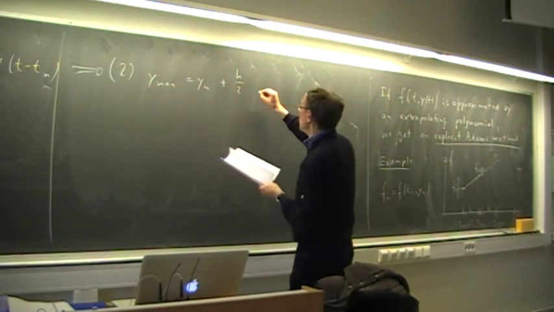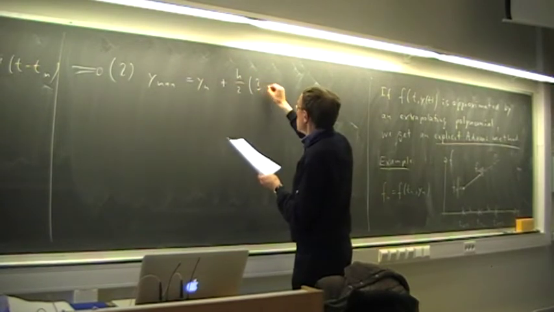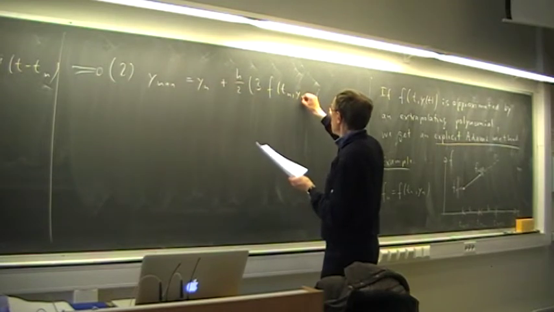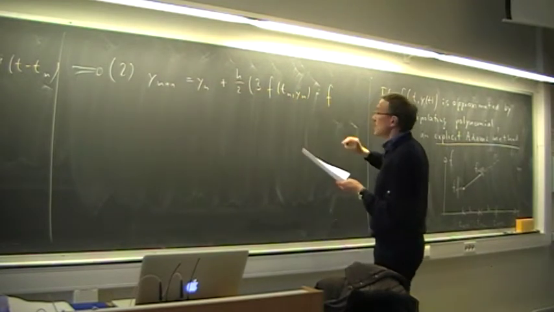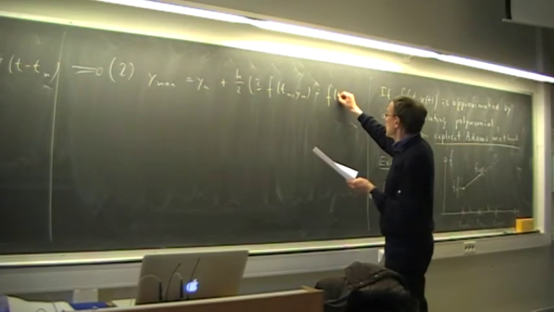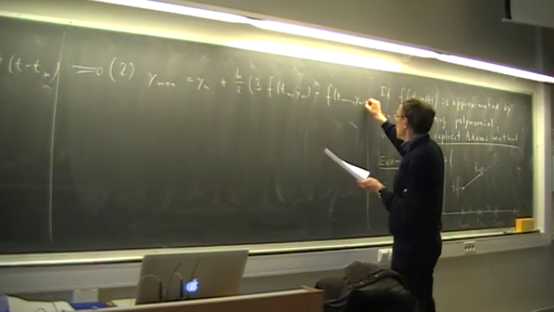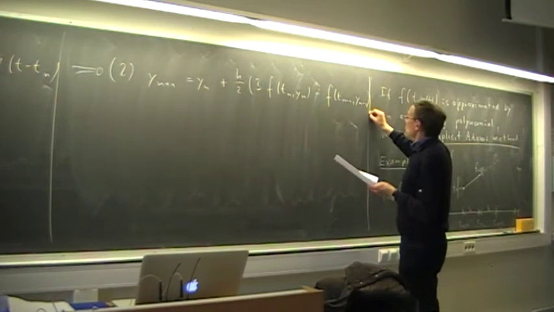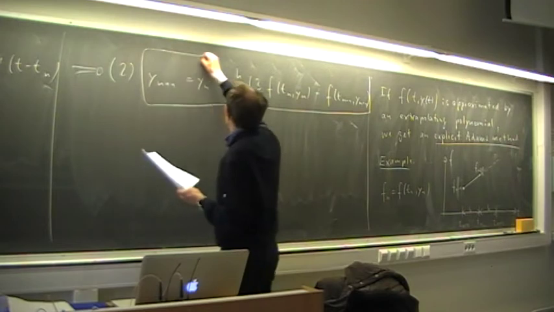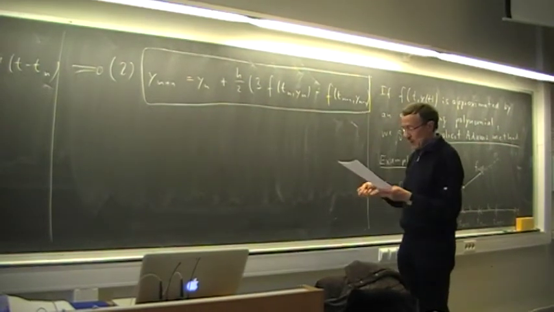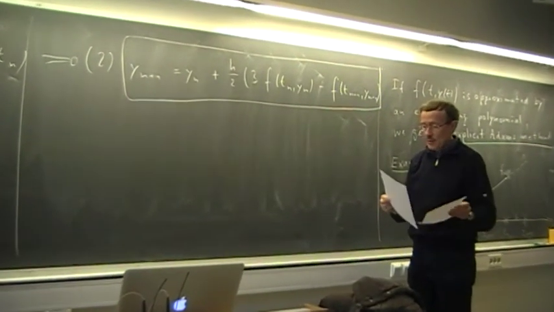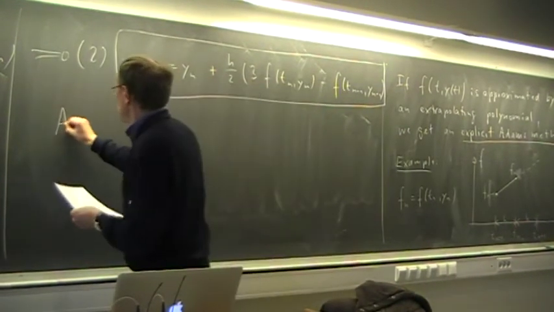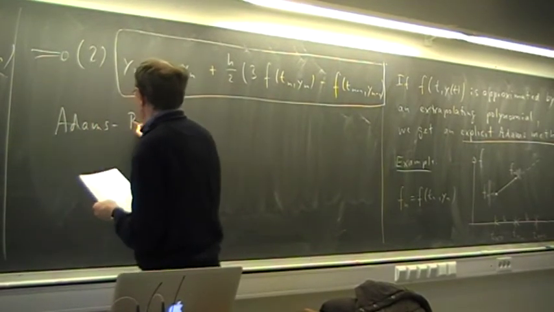And then we get what we have here, that is h half times 3 f of tn, yn minus f of tn minus 1, yn minus 1. So that would be the method that we get, and that has a name. It's called the Adams-Bashforth method.